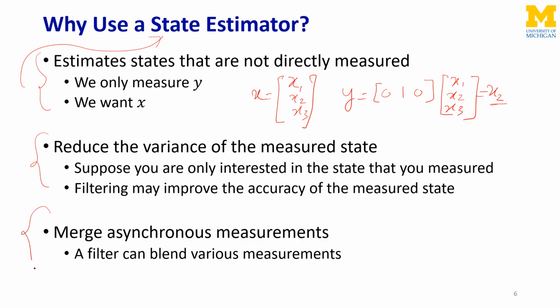And another reason is that because a state estimator is allowing you to merge the measurements with the equations of motion to get the states, you can use these measurements, which are coming at different rates, to update your states. So one of the applications of state estimation is also in sensor fusion.